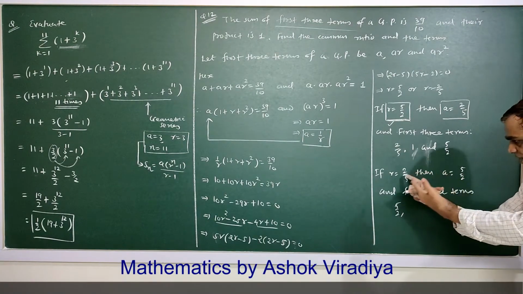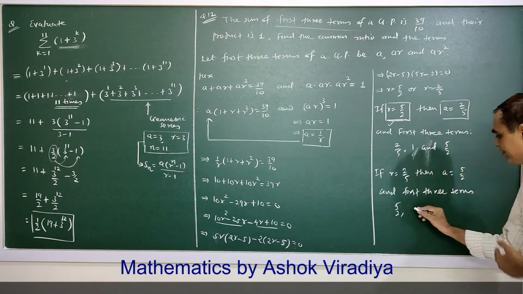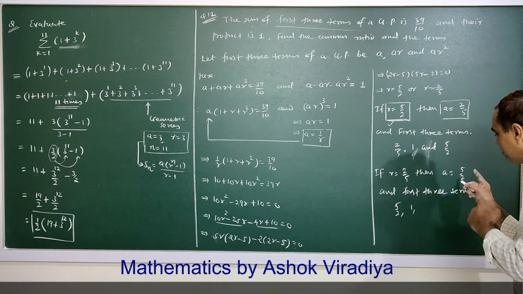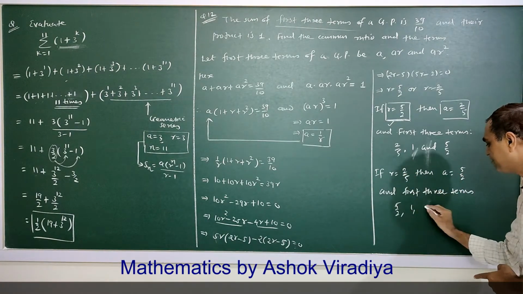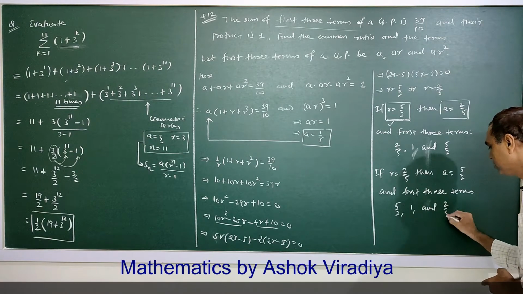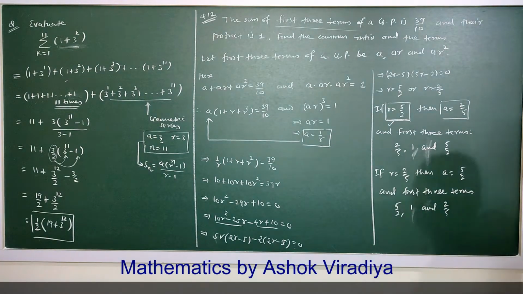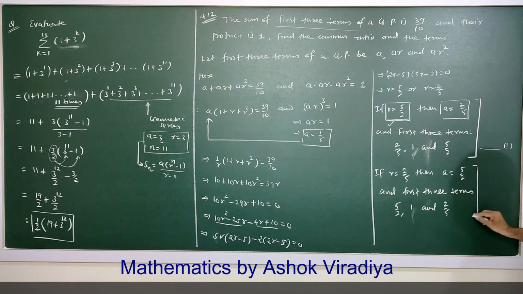Multiply 5 by 2 with R, that is the second term, so it will be 1. And for the third term, again multiply this number with 2 by 5, so the third term is 2 by 5. So this is answer 1, this is answer 2.